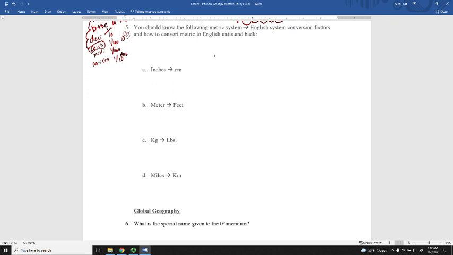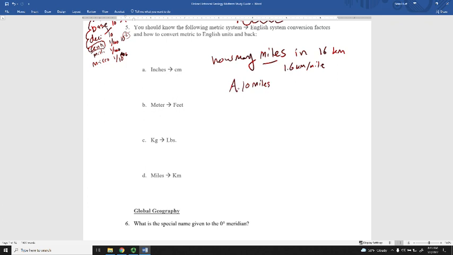You might have a question on there that's like, for example, how many miles, it's an English system, right? Miles is English system, in 16 kilometers. Okay, so it just so happens that there's 1.6 kilometers per mile. So the answer to this would be 10 miles. So there'd be 10 miles in 16 kilometers.